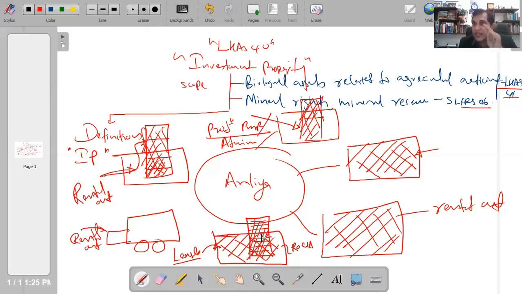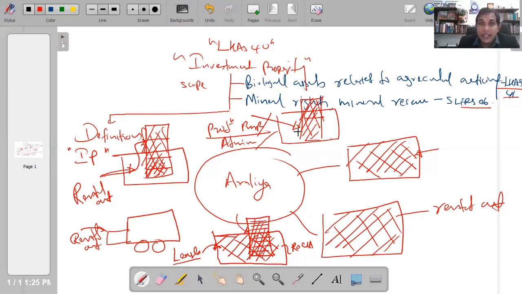The purpose of constructing this building is renting out. Once we complete the building, the entity is going to rent this building as well.